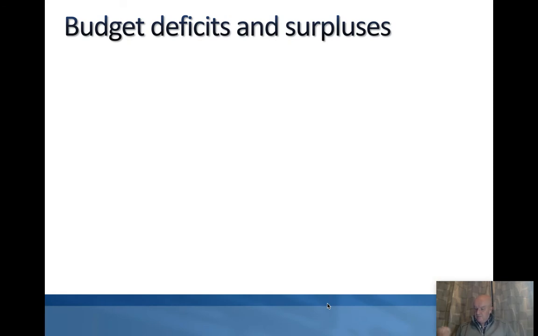Okay, so let's move on and take a look at this issue of budget deficits and surpluses. Now, on page 10 in your booklet, there is some information on when government spending is greater than tax revenue.